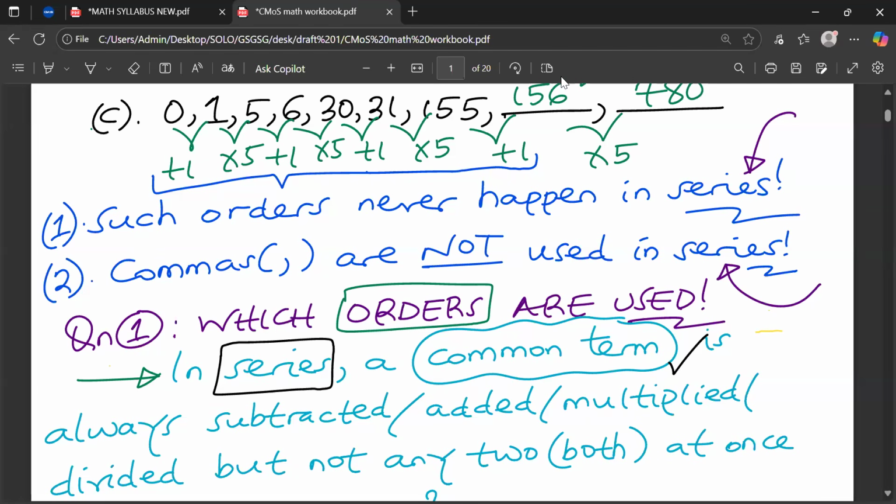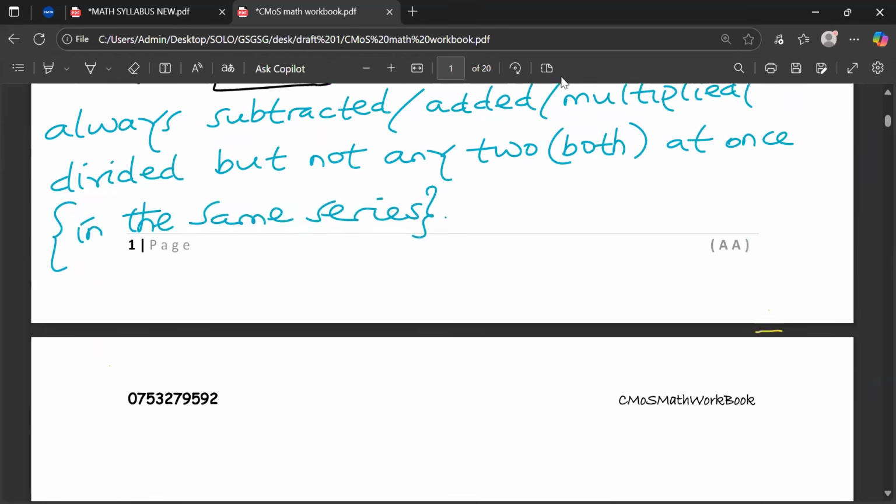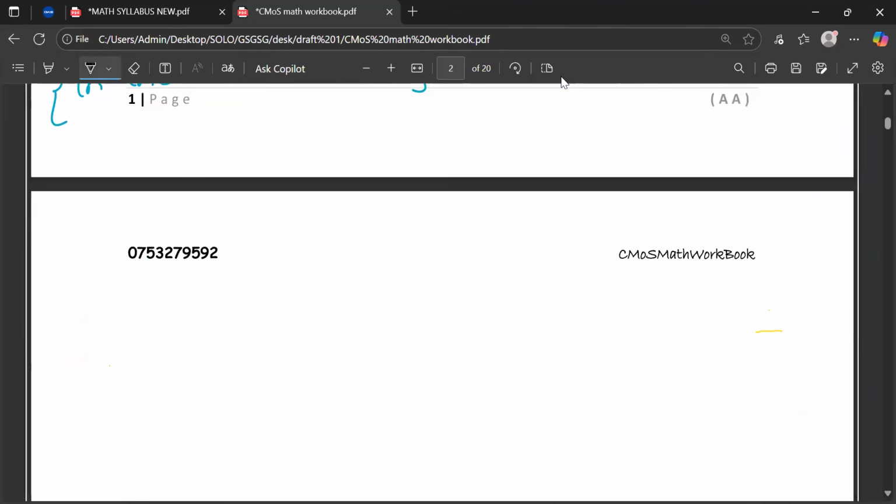Then if we don't use commas, what do we actually use? After confirming that we are adding the same thing throughout, let me show you this. When I have my 2 here, my 4 here, my 8 here, my 16 here, you realize that it's times 2, times 2, and times 2.